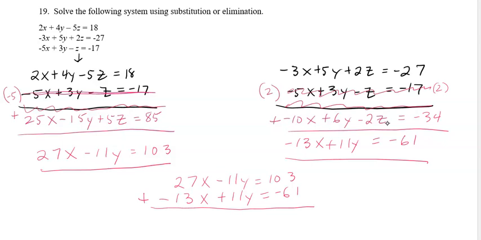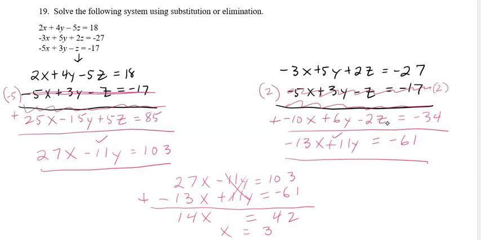So 27 minus 13 is 14x. And the y's cancel, of course. So 103 minus 61 is 42. So x is 3.